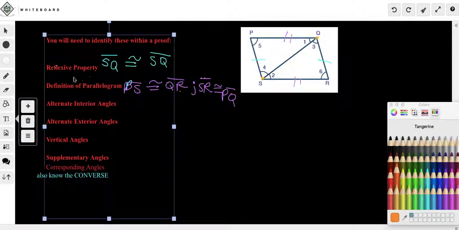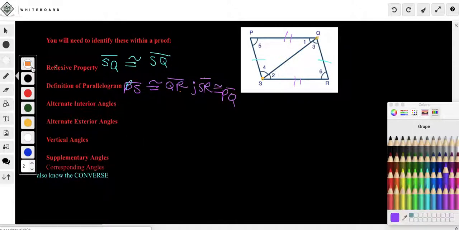All right. Okay, so let's go back to alternate interior angles real quick and let's talk about those. How are we going to figure those out? How are we going to find them? Remember, whenever you're looking for interior angles, the interior is going to be in between the two parallel lines that you're dealing with.